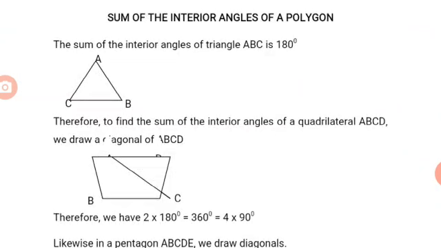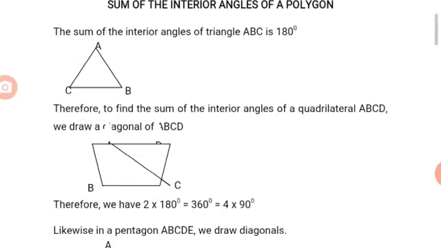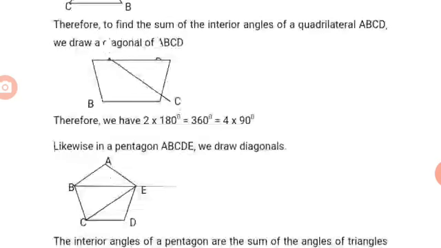And the 2 triangles will give us 360 degrees, because the sum of the interior angles of each triangle is 180 degrees. Is that clear? Then we multiply 180 degrees by 2, making 360 degrees. So in that case, it will give us 4 times 90 degrees, that is 4 right angles.